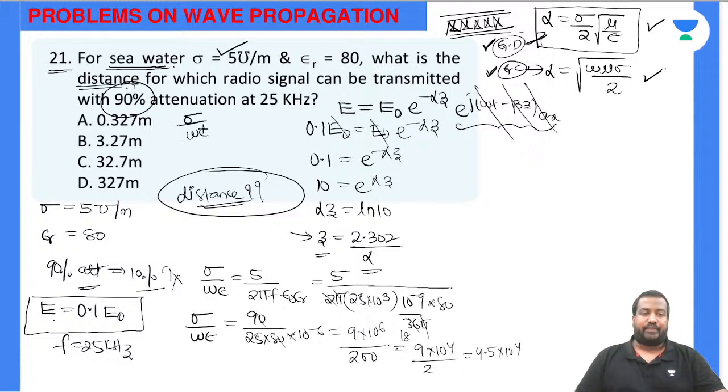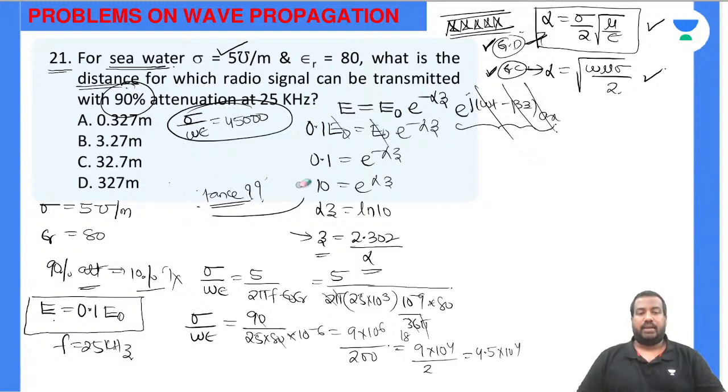Sigma by omega epsilon, what you got is 45,000. But we know that if sigma by omega epsilon is greater than 100, it's a good conductor. Less than 1 by 100, good dielectric.